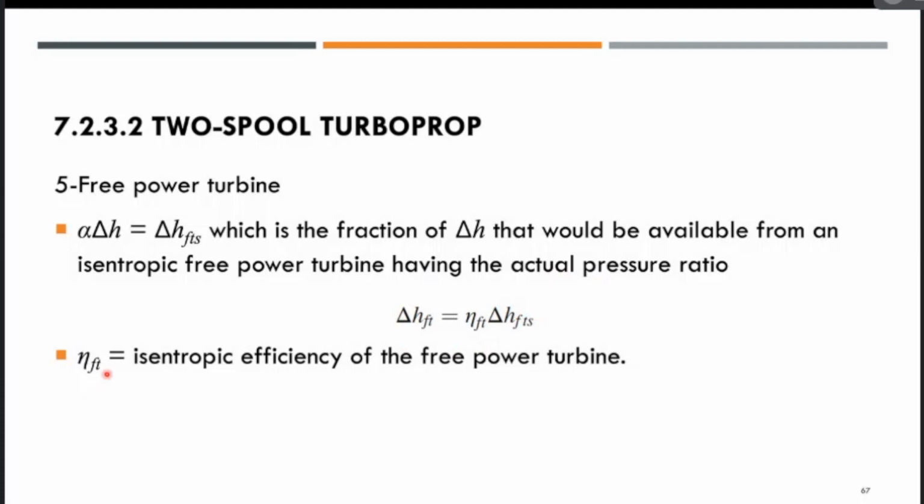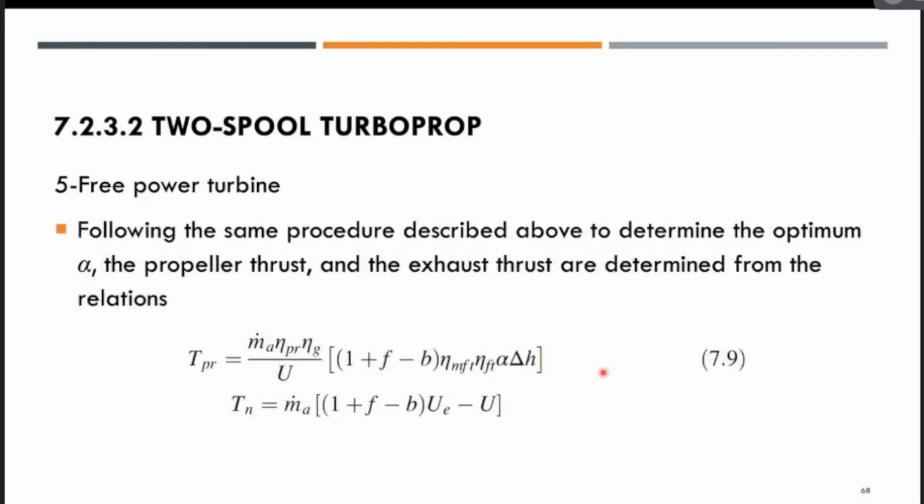So zeta FT is the isentropic efficiency of the free power turbine. And following the same procedure described earlier to determine the optimum alpha, the propeller thrust and the exhaust thrust are determined from this relation.